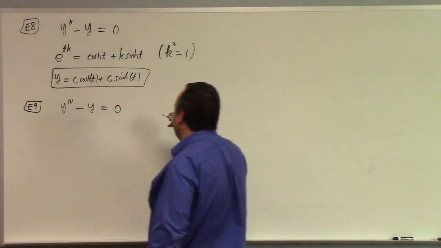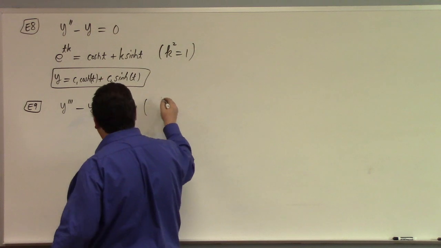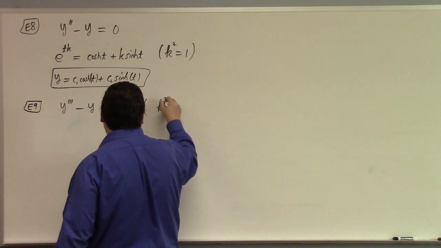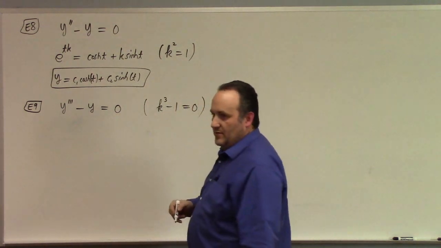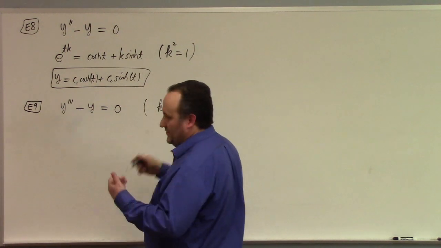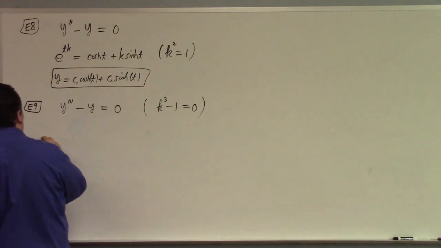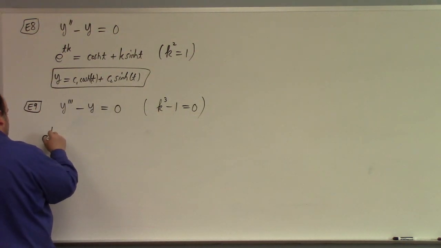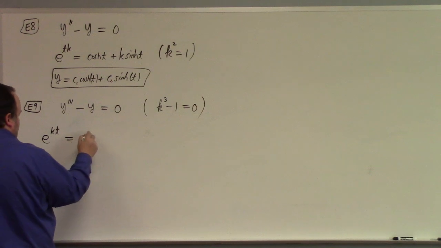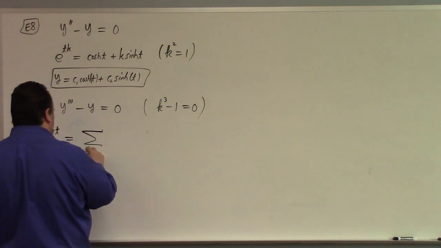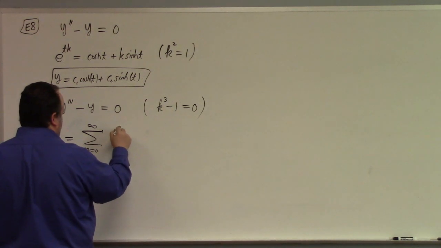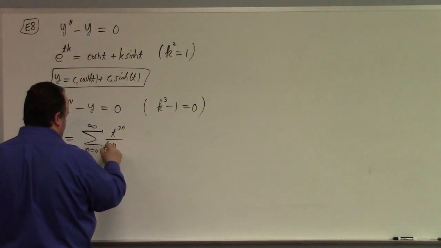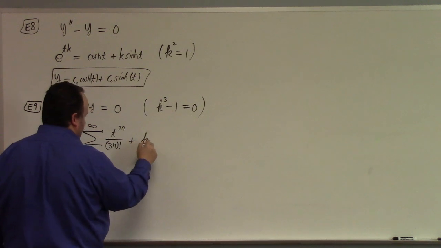So the characteristic algebra here is k cubed minus 1 equals 0. If you like, I could just change the k to a j, but anyway, if we look at the characteristic exponential, e to the kt, we've got the sum n equals 0 to infinity of t to the 3n over 3n factorial plus k times the sum.